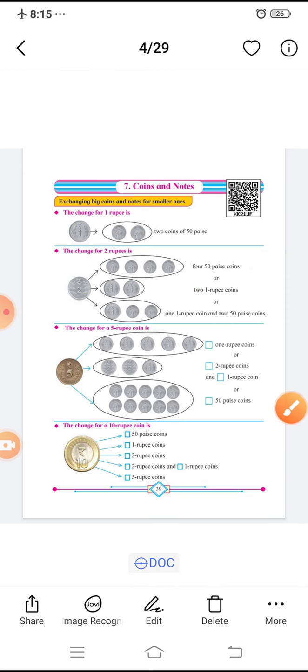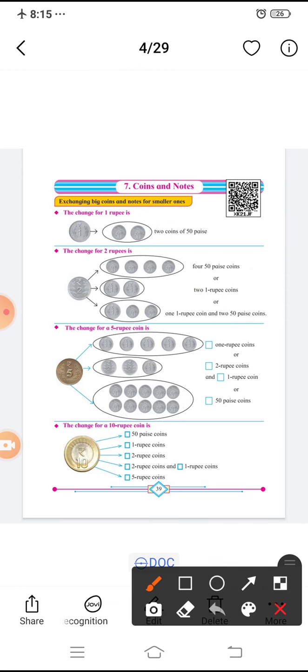Okay. So 1 rupee is equal to 2 coins of 50 paise.